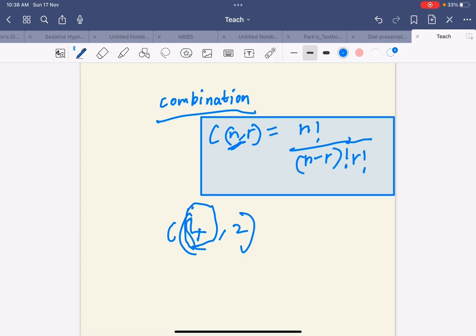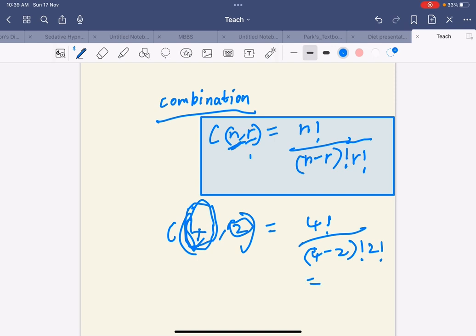You have 4 items, you are taking only 2 items, which is r. Then that is equal to 4 factorial divided by (4 minus 2) factorial, 2 factorial again.